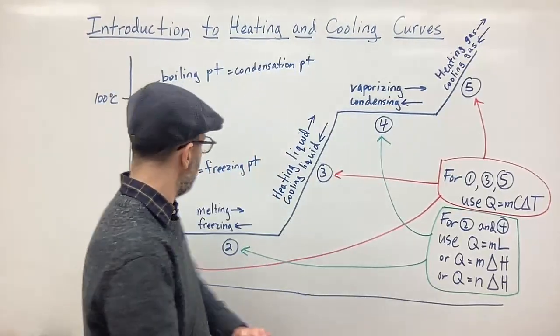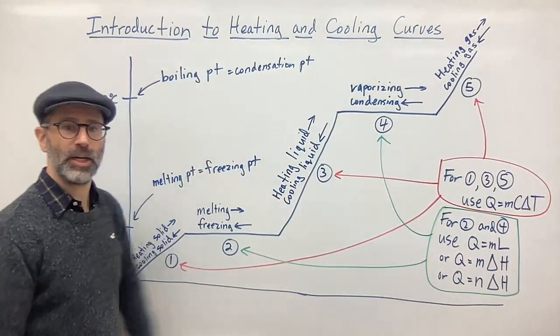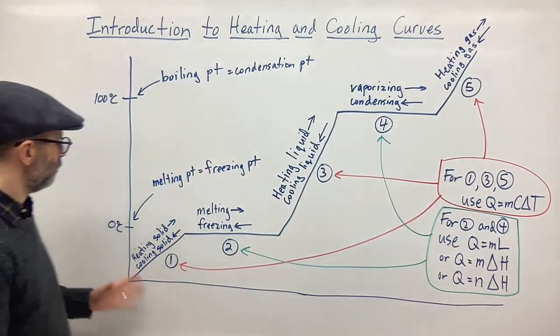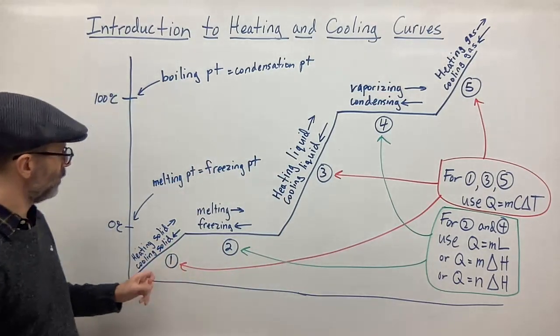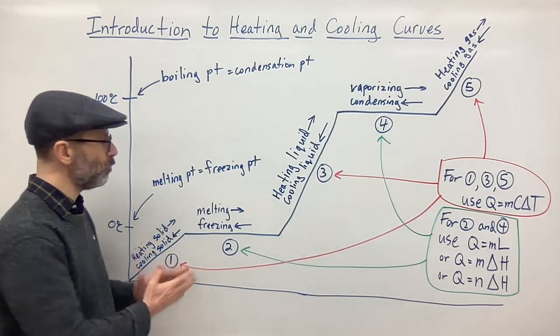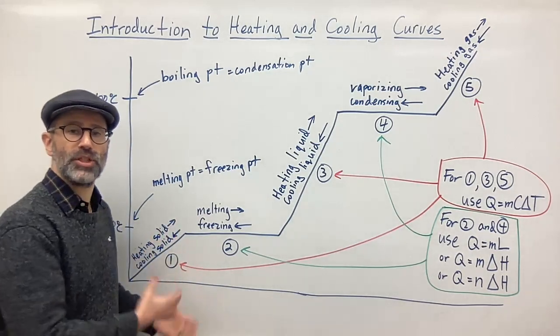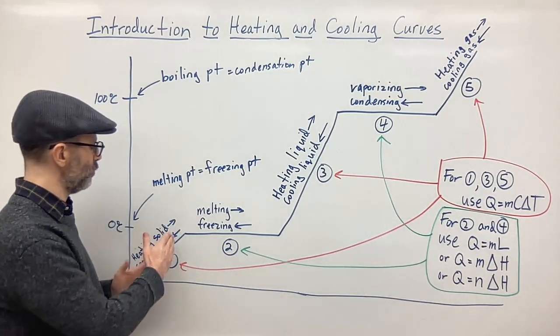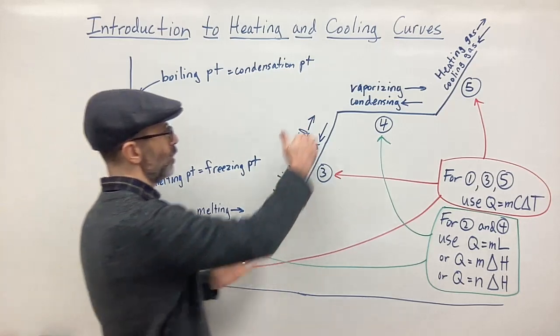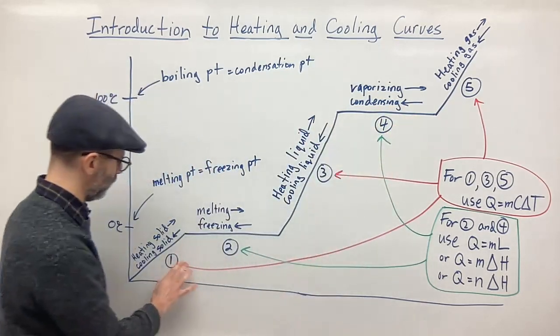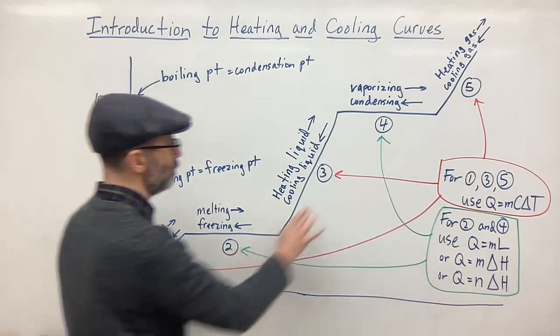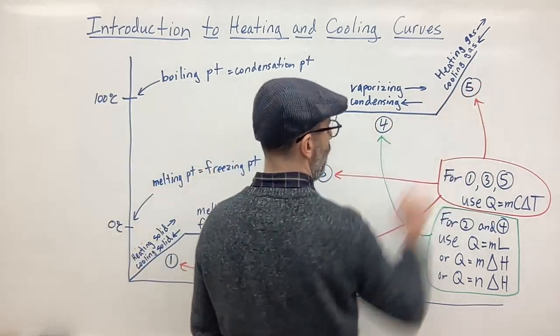Okay, so now that we have it all put together here, this is our heating curve. You'll notice here that I've labeled it. The way you want to use this to approach problems is you need to divide up the curve into its different parts. I have them labeled part 1, part 2, part 3, part 4, part 5.